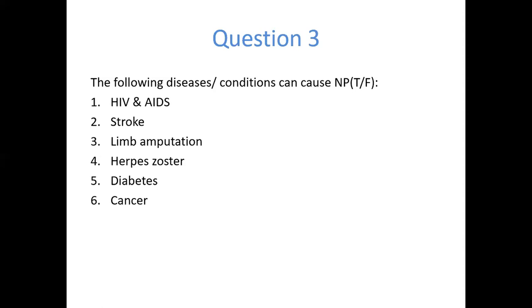Remember, pain has been described as the fifth vital sign by the Joint Commission International. So whatever the disease, please inquire about pain. Thank you. I want to stop there so that in the next few minutes, we can have Q&A. Thank you so much.